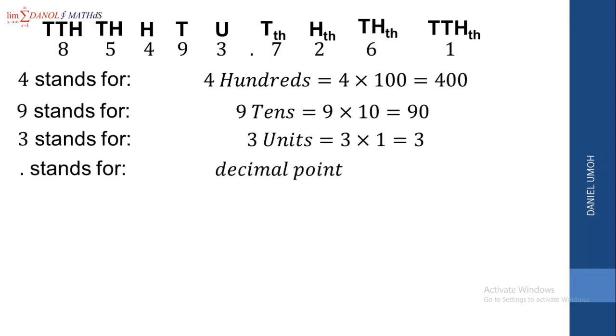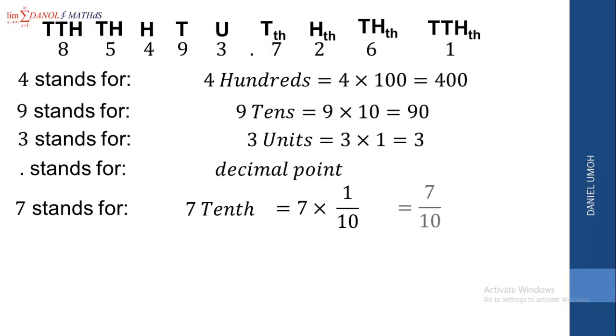Now after the decimal point, we look at 7. 7 stands for 7/10, because it is placed under the tenth position. So 7/10 means 7 times 1/10, because tenth means 1/10. So this gives us 7 times 1 is 7 all over 10. So we have 7/10, and 7/10 gives us 0.7.